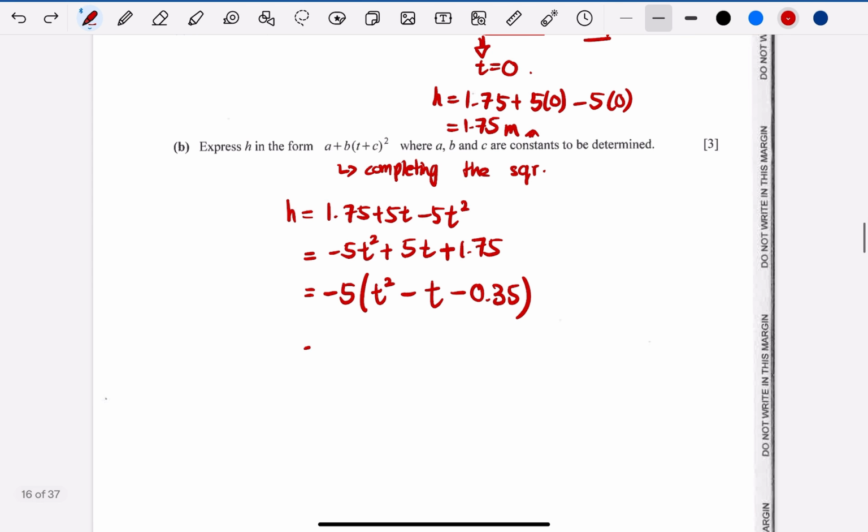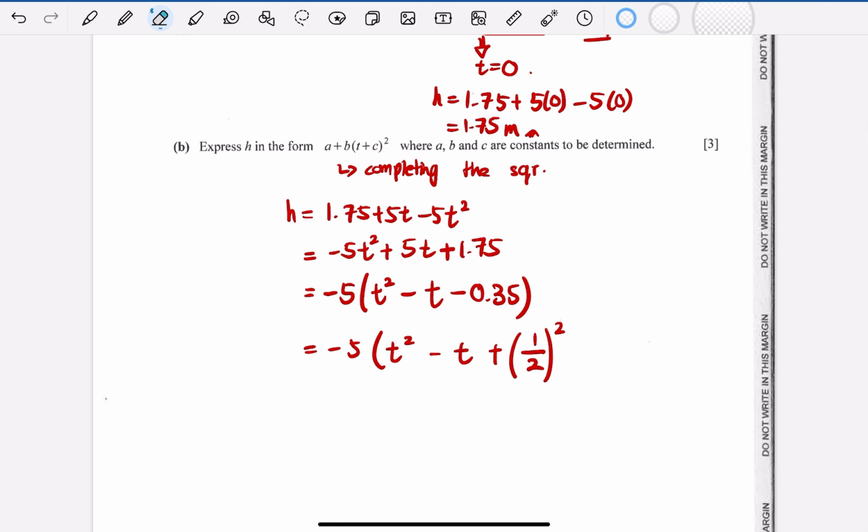Afterwards, we're going to do our completing the square, in which we will add our 1 over 2 squared. The 1 comes from the coefficient of your t term, negative 1 over 2 squared. And we're going to also subtract this so that we compensate for it.